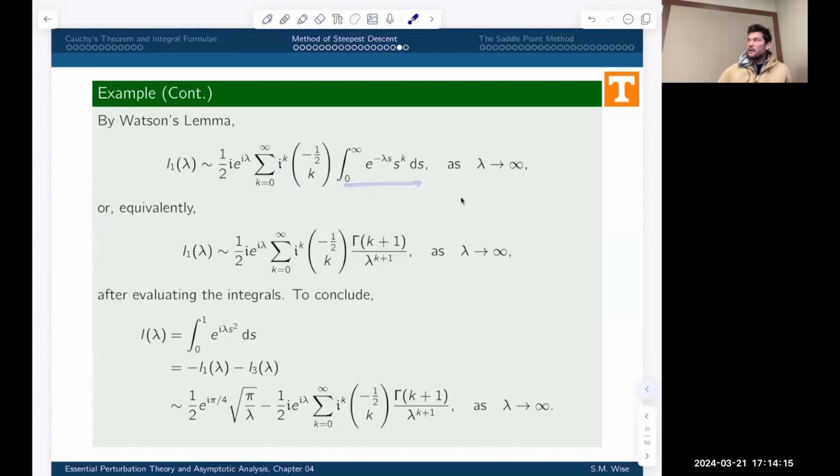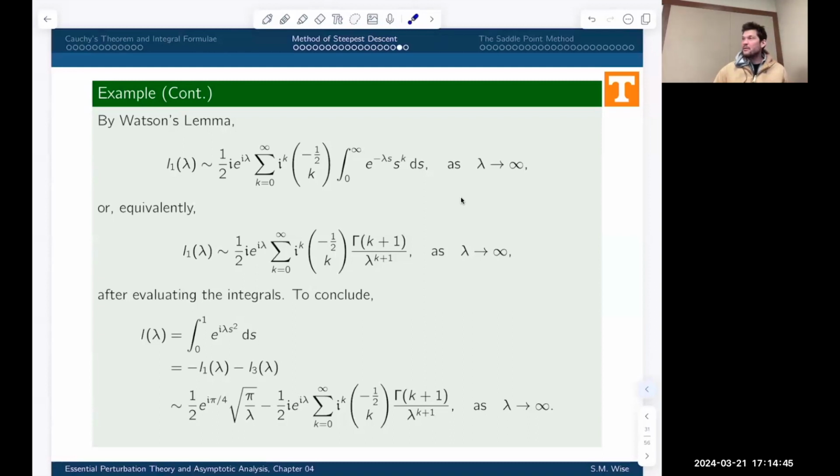That's nice about having done all this theory a priori. We don't have to worry about doing it again. All this method of steepest descent does is turn a complex contour integral into something which is amenable to Watson's lemma, or in other words, Laplace's method. Okay, so these integrals are found in Mathematica.